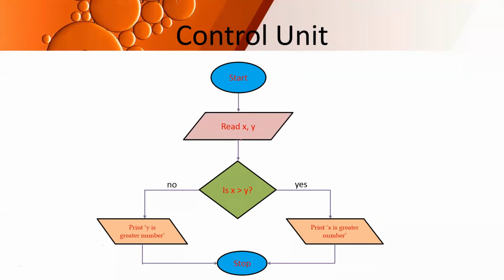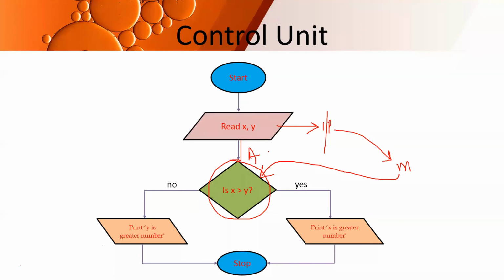Then it will send the instruction where? Now the control unit decides that this has to be executed by what? The input device. Where does the data have to be stored? Data has to be stored in the memory. And from memory, data has to be fetched and sent to where?